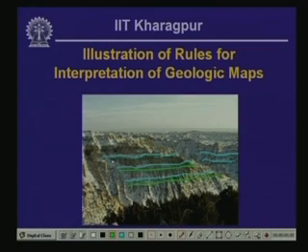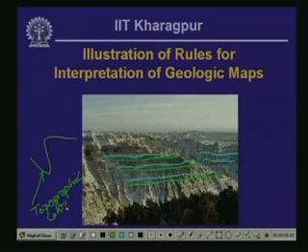If you look at the plan of this area, then what you might see is that the area is perhaps like this, and the topographic contours are going to be like this, whereas the stratigraphic contours in this case are going to be somewhat like that.